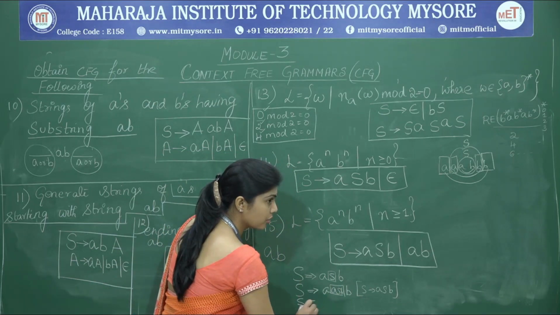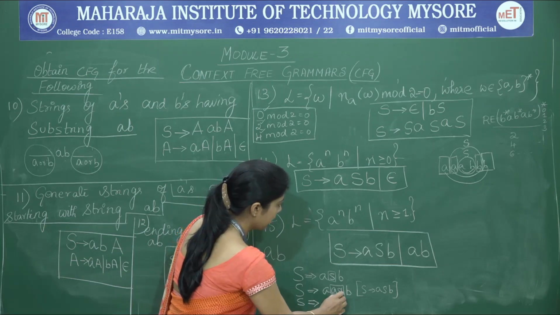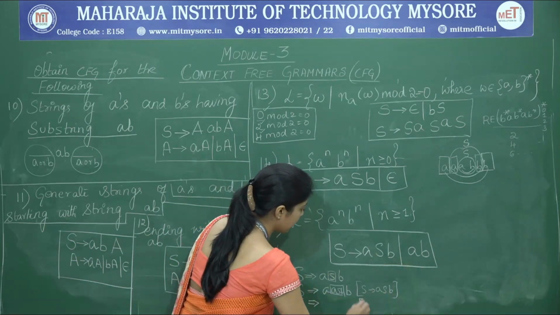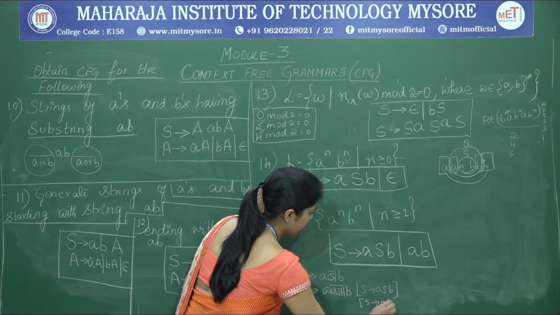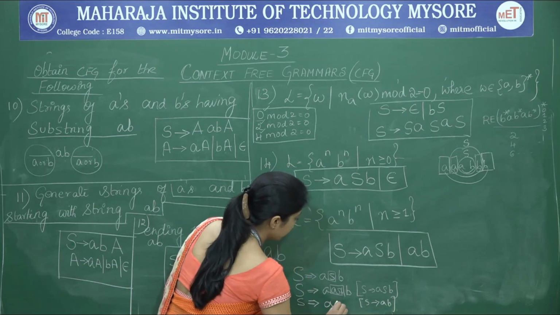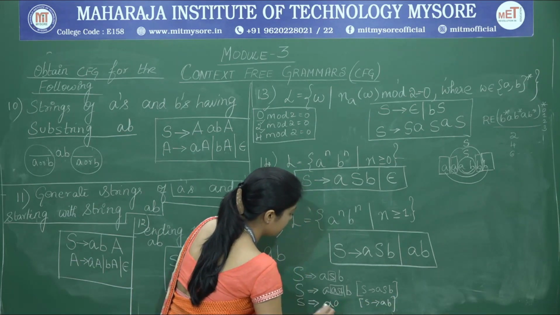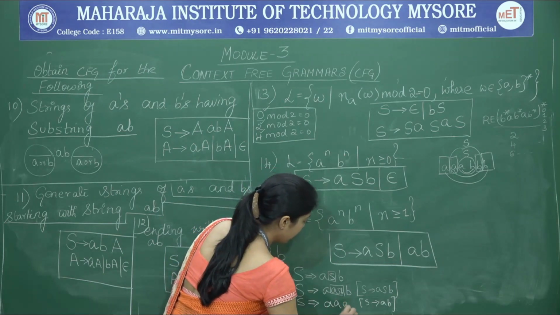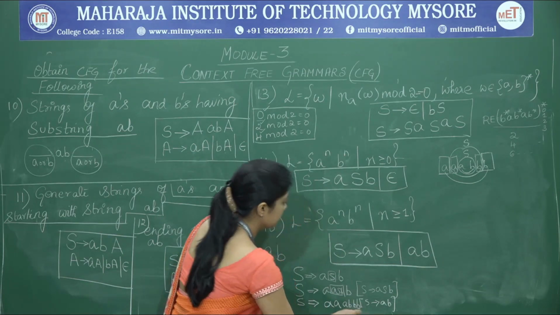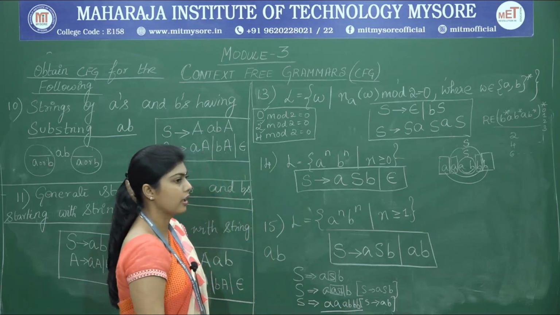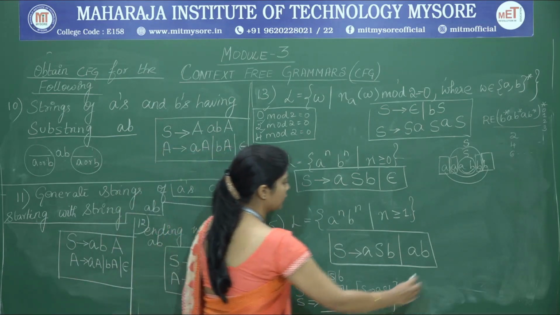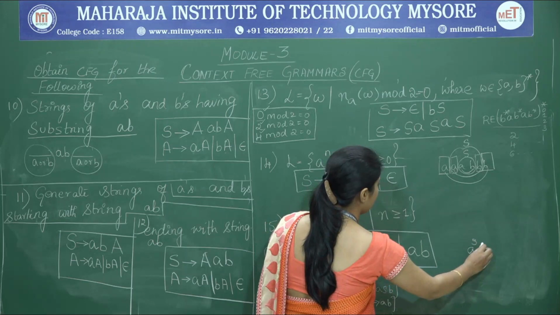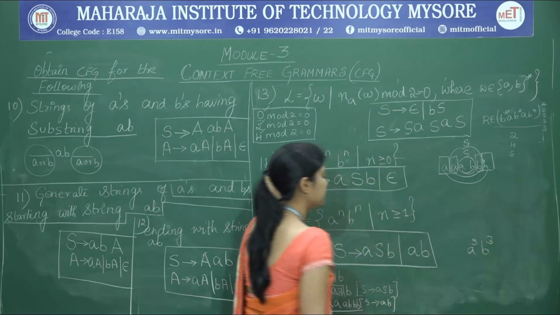Next, for this S I am going to substitute AB, S goes to AB. Therefore this is S goes to AA AB BB. So this is the string that I have got. What is this string actually? A to the power of 3, B to the power of 3.